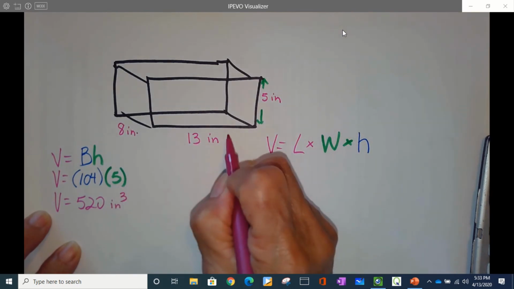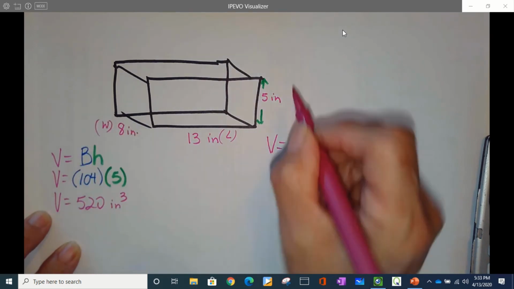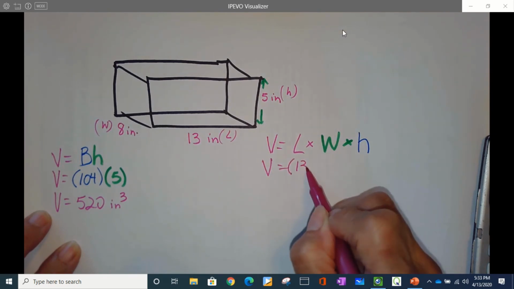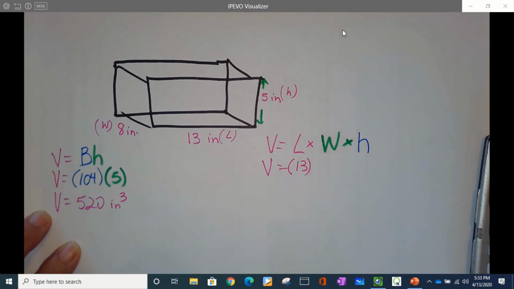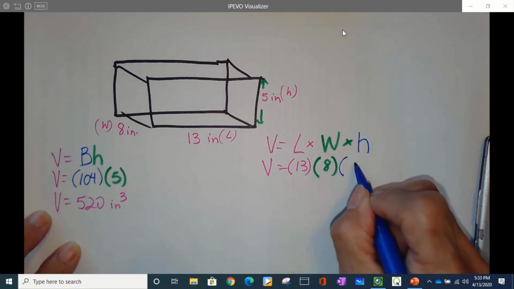Now let's look at this one, and we'll identify everything. I'm going to call this my length, this my width, and this my height, so I know where everything goes. Okay, so volume equals, my length is 13. Remember, parentheses means you're multiplying everything. My width is 8. And my height is 5.